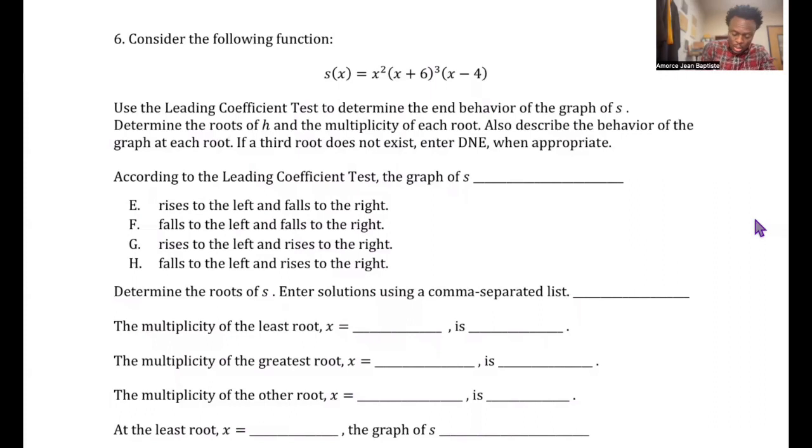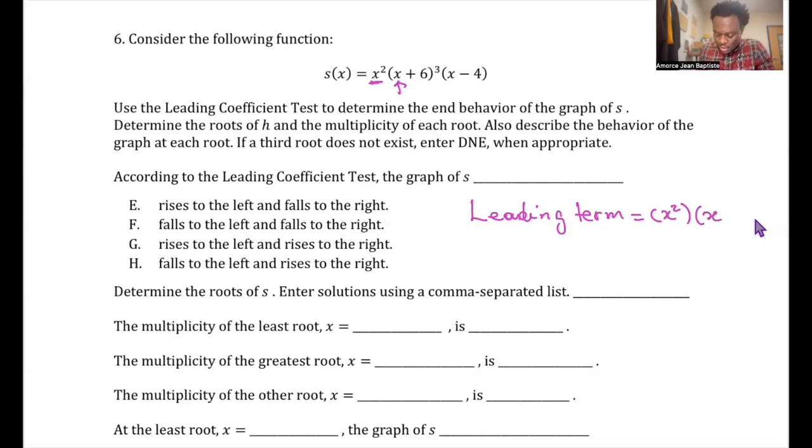So the leading term will be given as you take each factor and multiply them, but you don't need to take the constant. You can just take the x term raised to the power of the multiplicity.